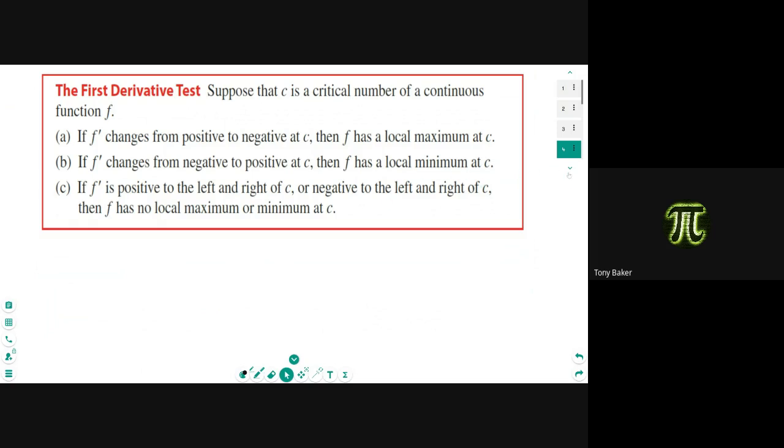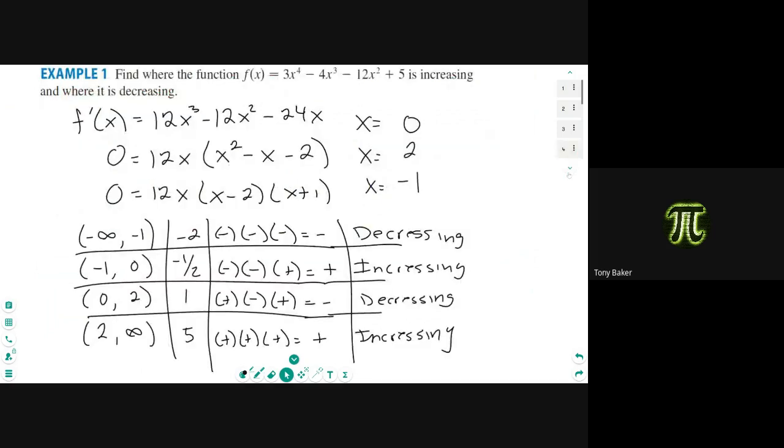So if we look at the one we just did, we can now determine which ones are my minimums and maximums. So -1, it's decreasing in and increasing out. So at -1 would be a minimum.